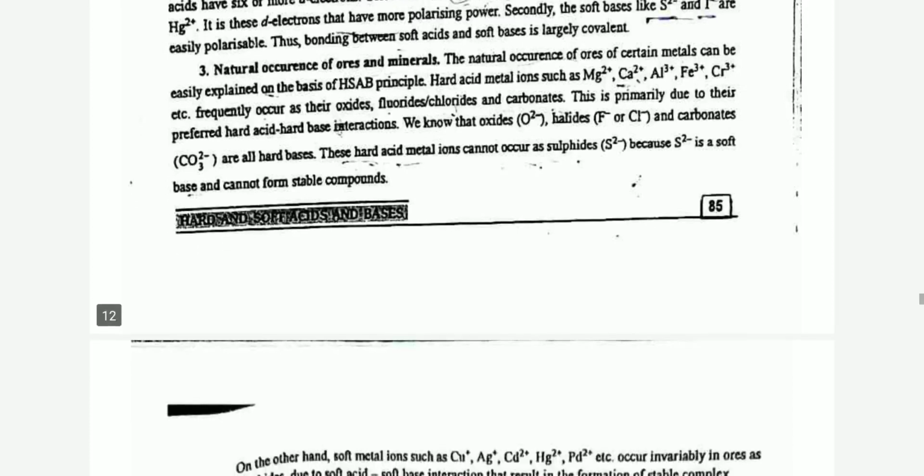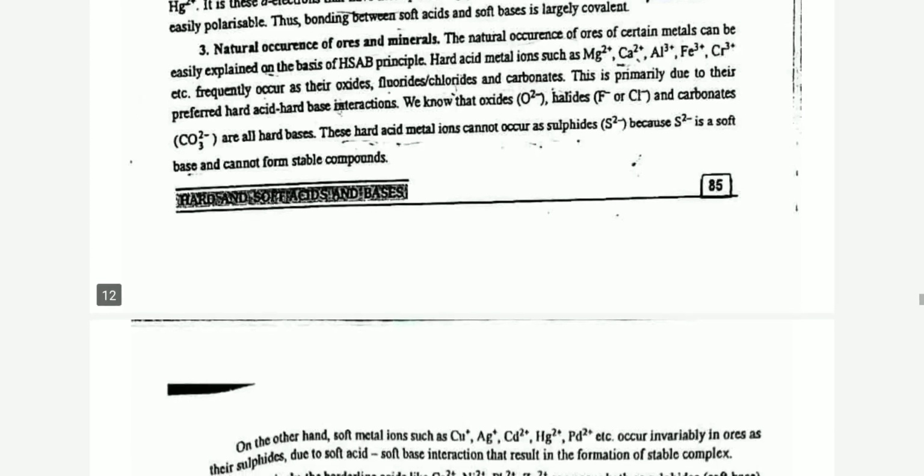This is primarily due to their preferred hard base interactions. We know that oxides O2 negative, halides F negative or Cl negative, and carbonates CO3 2 negative are all hard bases.